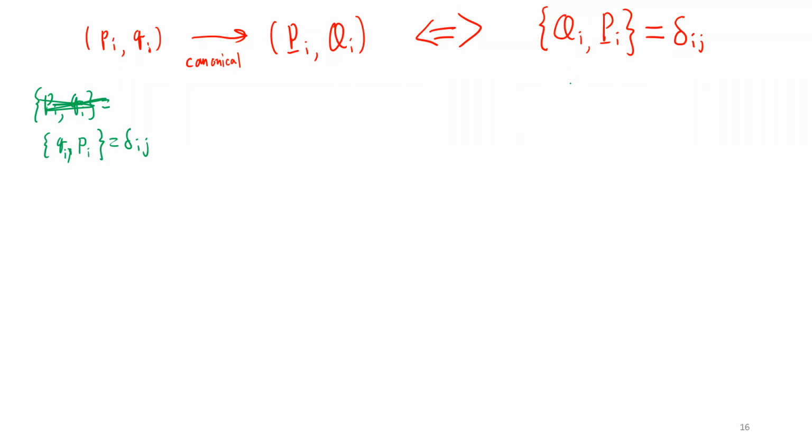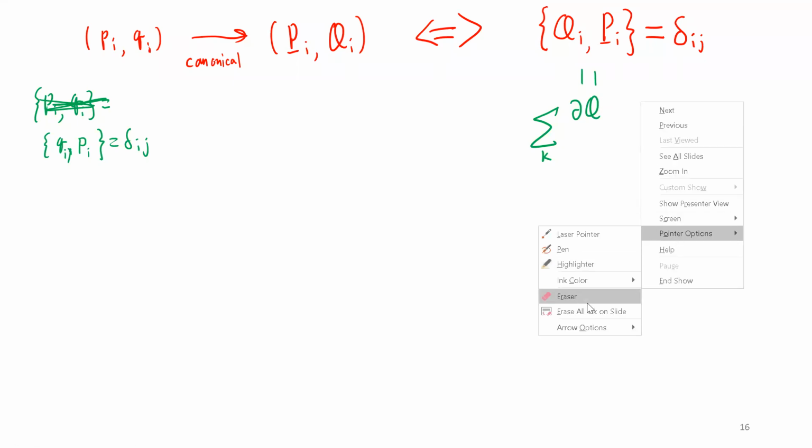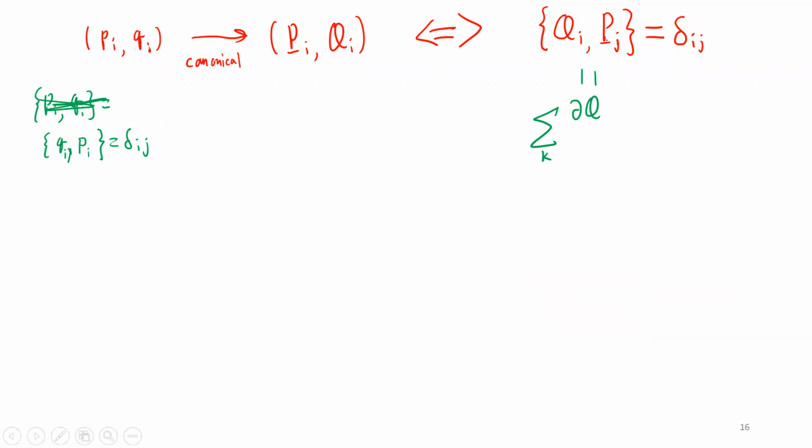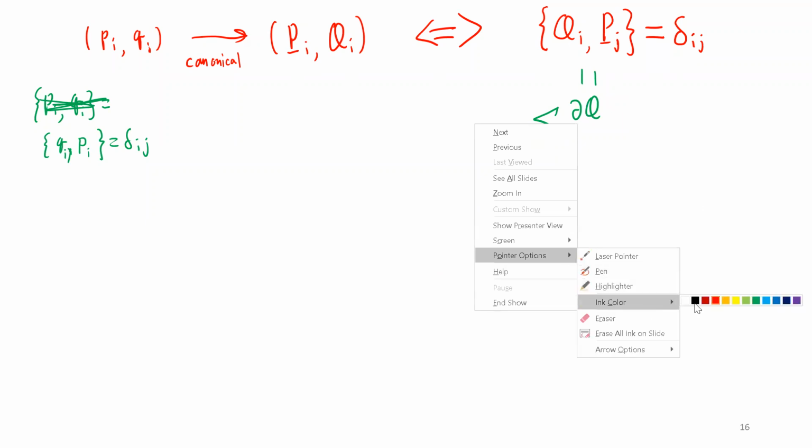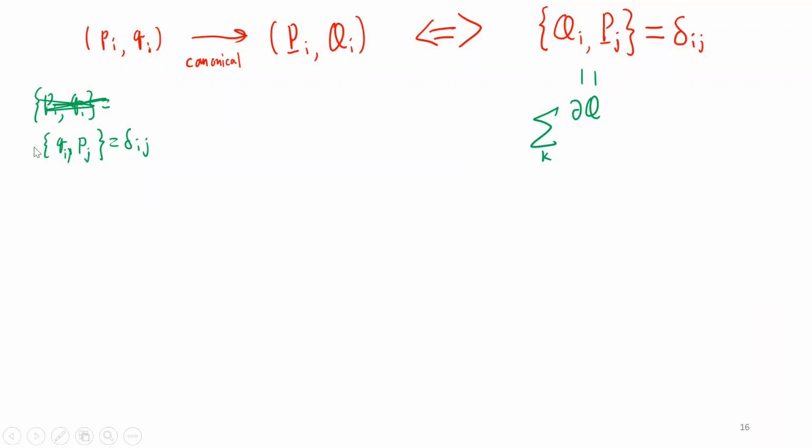Just to remind you, how do I do the Poisson bracket for this? The basic definition would be this. I'm sorry, I made a mistake here. This is J, of course, and this is also J. So Q_I, P_J. The Poisson bracket of this capital Q_I with this capital P_I is this.